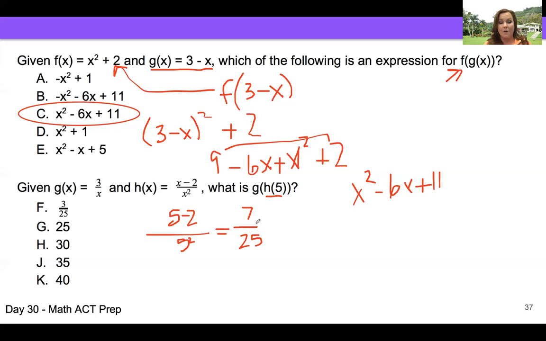So now, this is what we're going to substitute over here for x. And we're going to get 3 divided by, oh, add 7. That should be a 3. Oops, I'm totally sorry. Y'all are probably screaming at the screen, going, Edwards, 5 minus 2 is not 7. It's 3. You're right, it's 3. So now we get 3 divided by 3/25.